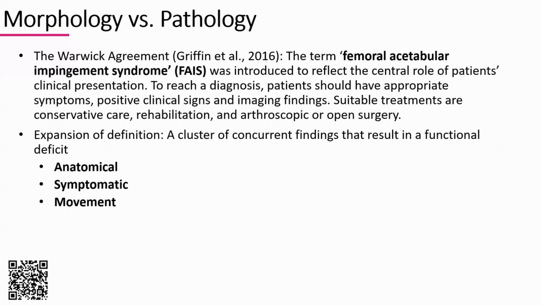Which brings us to an updated term, femoral acetabular impingement syndrome, so we add an S. This term stems from the Warwick Agreement, a publication in 2016 by Griffin and colleagues that introduced the term to expand upon just the anatomy. So instead of a diagnosis based on anatomy, as just discussed, the various forms of impingement, we add symptomatic presentation, movement quality or deficits.